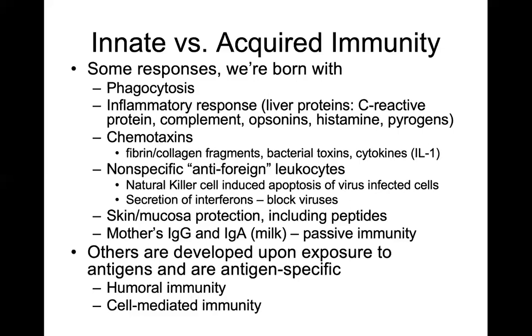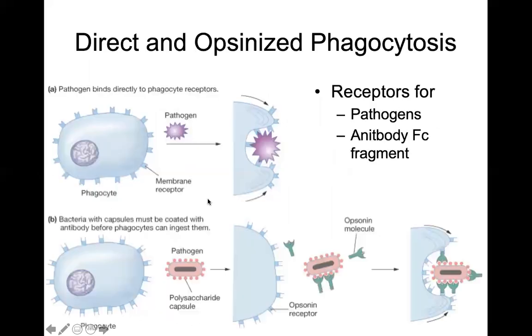Non-specifically, the acquired immune system is for a specific pathogen that we can recognize. Like the specific strain of influenza virus that we had last year would be a specific pathogen. So if you see B or T cells or antibodies, any of that kind of stuff, that's acquired immunity. Everything else is really innate immunity, honestly, which is kind of cool. So humoral immunity and cell mediated, we'll get into that as well in a little bit.